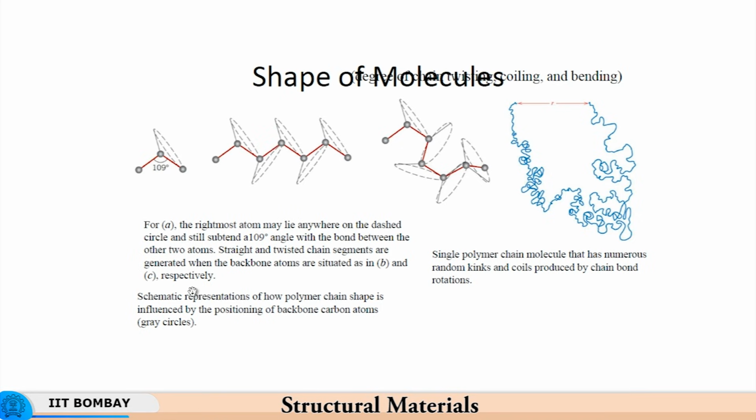So basically how each one of these polymeric chains is going to behave depends upon the degree of freedom which is enjoyed by this atom, which is enjoyed by that atom. This atom would move in this direction, along this dashed circle, and if it has the freedom to do so, then yes, it will be easy for deformation, for anything that causes polymer chain movement.